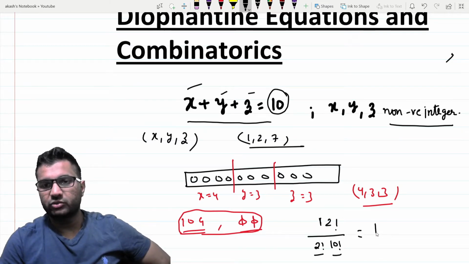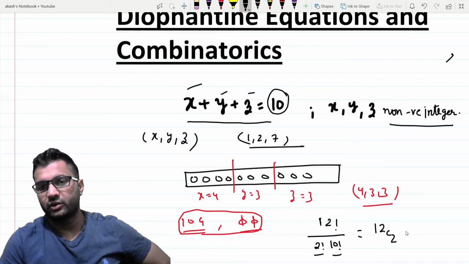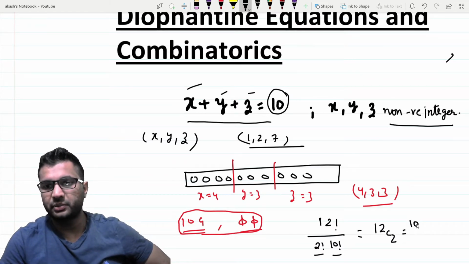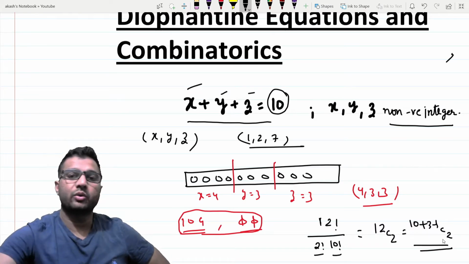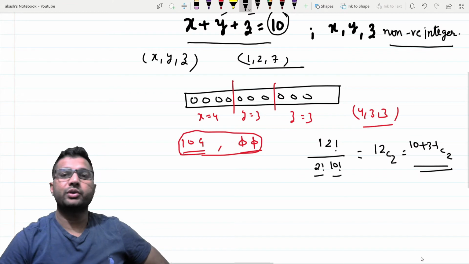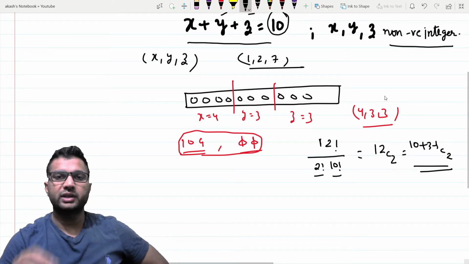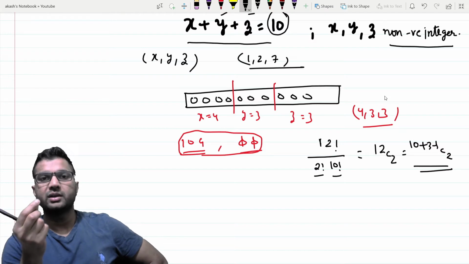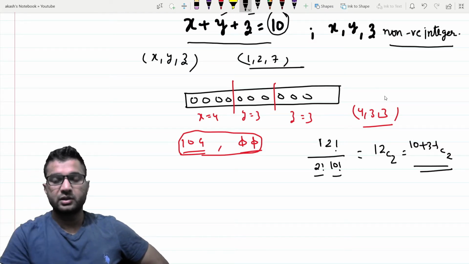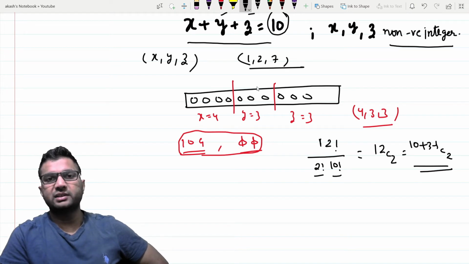So the answer is 12C2, or I can say 10 plus 3 minus 1 C 3 minus 1. So if you want to distribute 10 identical coins among three beggars, we just need to add two dummy coins, one less than the number of beggars or pirates. So we have a very simple method. The answer for this particular question is 12C2.